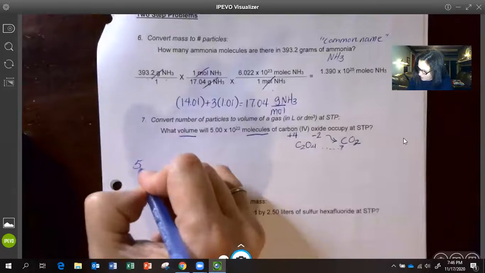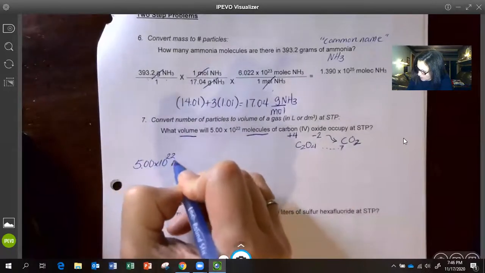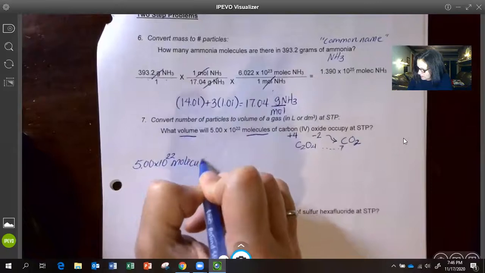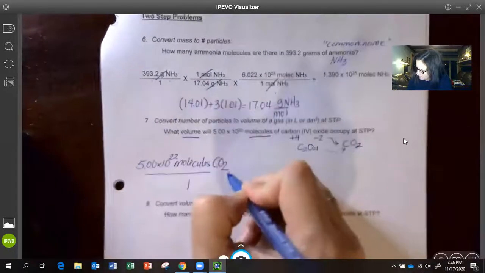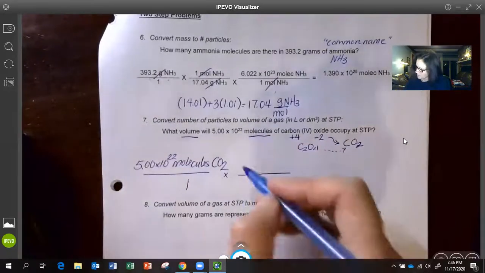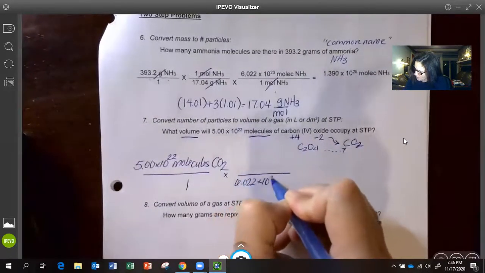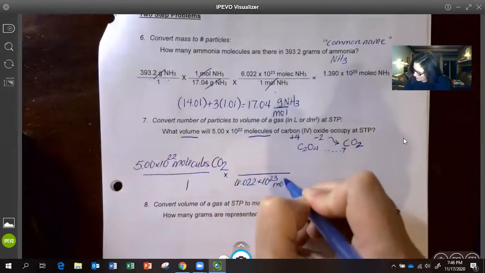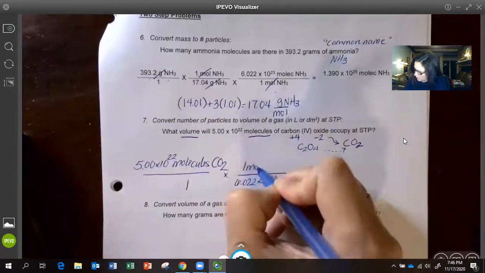We have 5.00 times 10 to the 22 molecules of CO2. We're going to use Avogadro's number, so we know that there are 6.022 times 10 to the 23rd molecules per 1 mole of CO2.